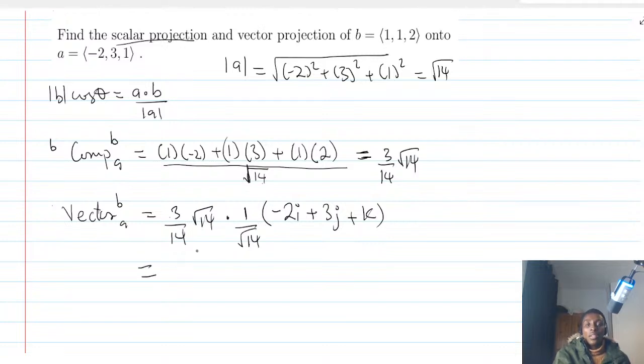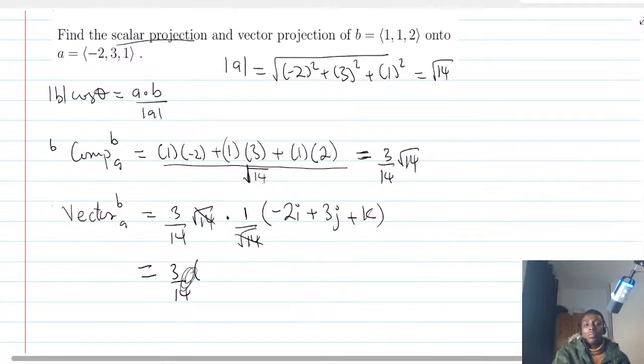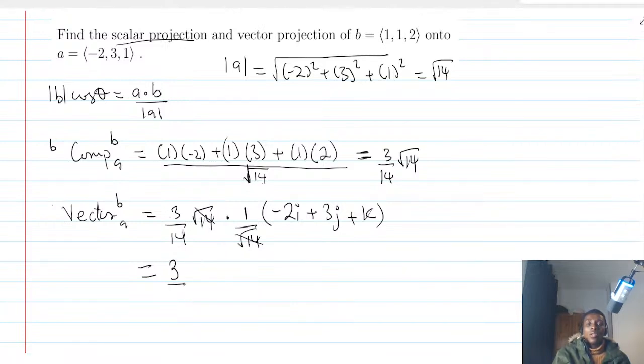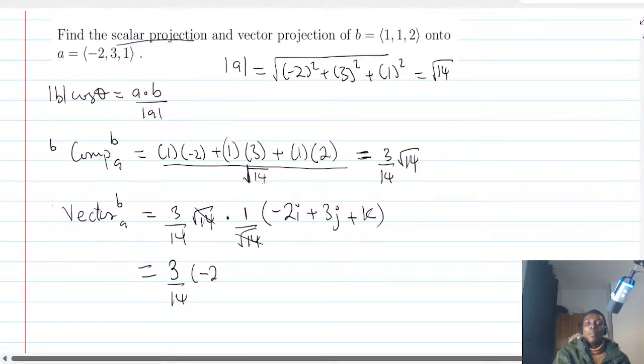Alright, so root 14 will cancel root 14, and it is going to be 3 on 14 multiplied by (-2i plus 3j plus k).